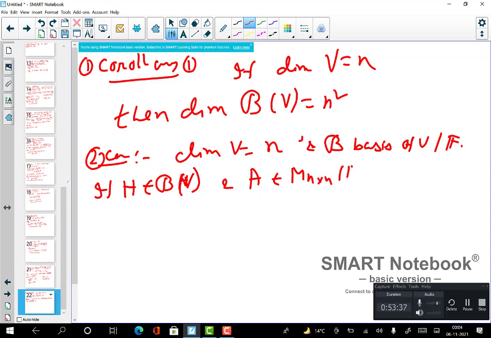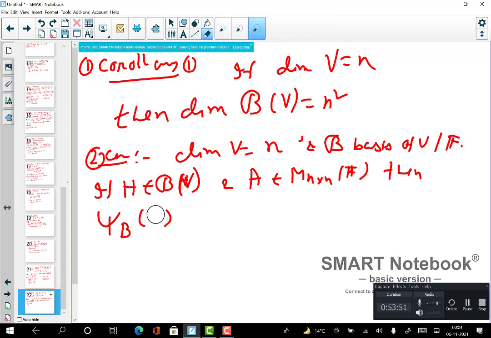then psi B of A is equal to A, I should say. This holds if and only if you can write down psi in terms of the way we defined it.